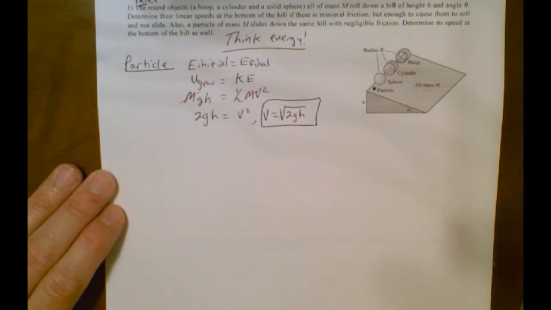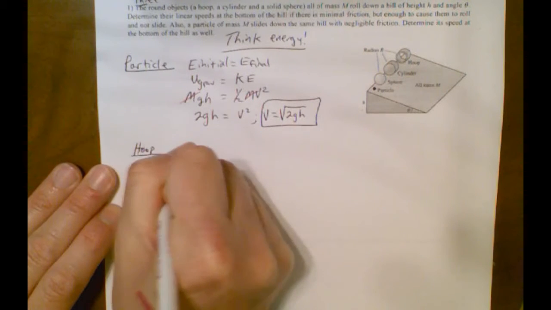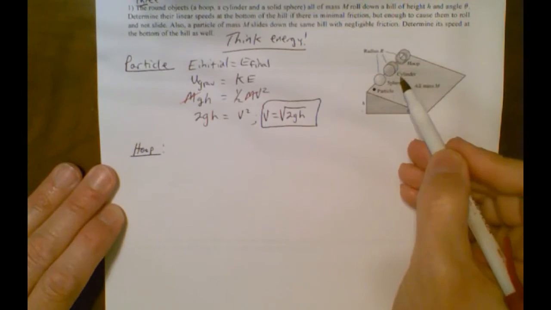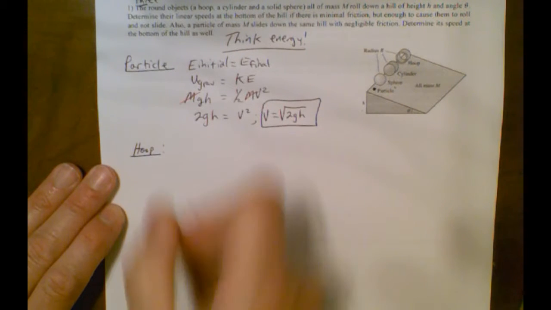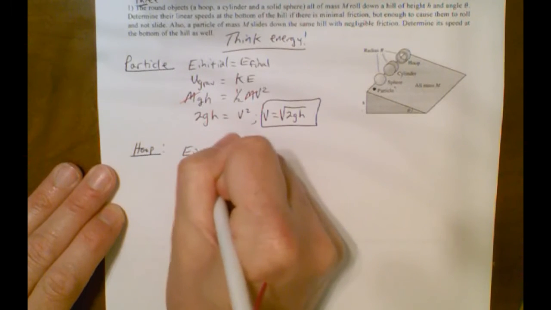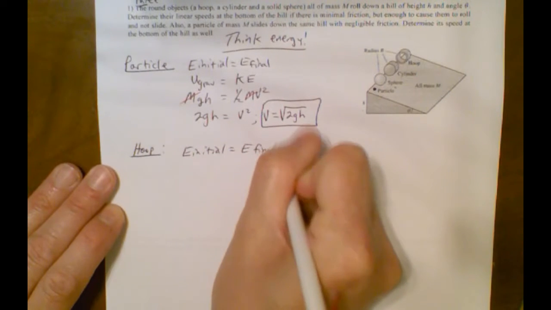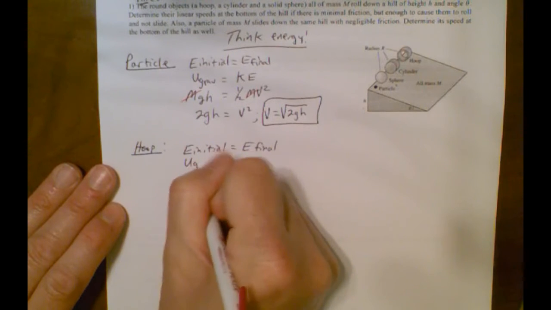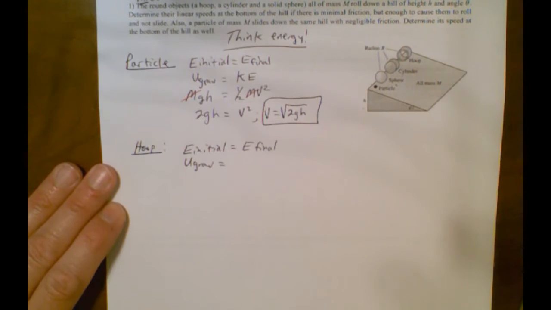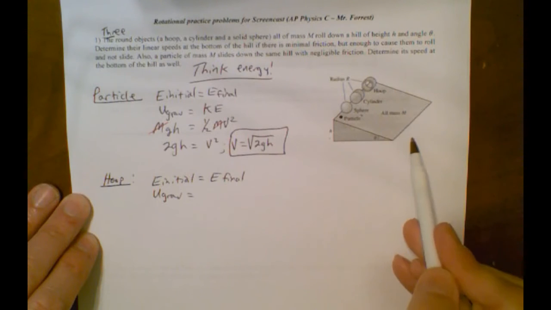So, okay. So now I'm going to look at the hoop. The hoop, the cylinder, and the sphere are all going to be similar in how we're going to think about it. So here I'm going to think energy again. E initial equals E final. And here I'm going to still have U grav, but at the bottom part of the hill, these things are going to be rolling in addition to moving linearly.